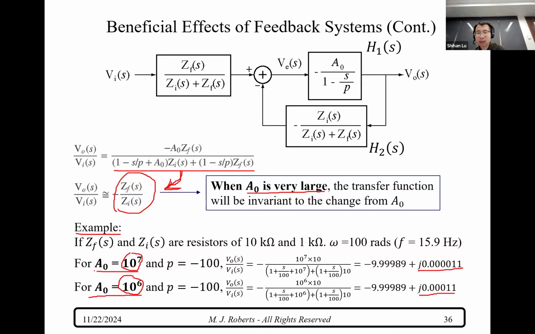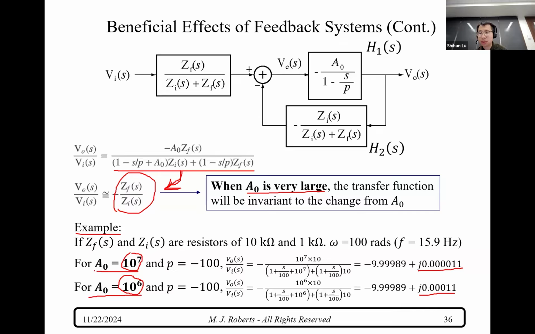But the point is, even if the actual value of A naught has been shifted from the designed value, it doesn't really change the behavior of the system, because it doesn't really change the transfer function. So the system behavior is still going to be consistent. That's really nice, right? Because no one can make sure that in fabrication all the steps are perfect or all the calibrations are perfect.